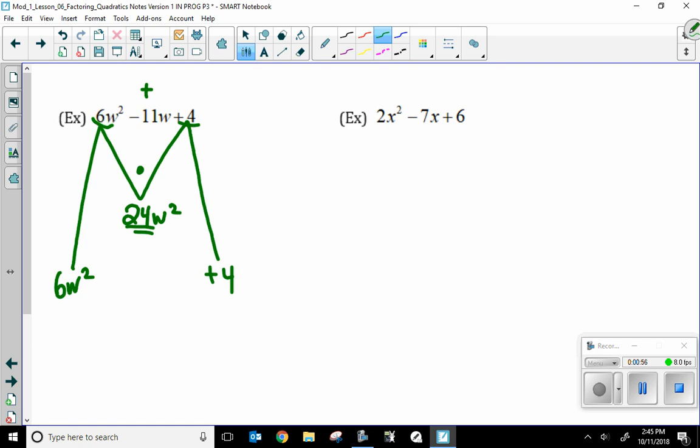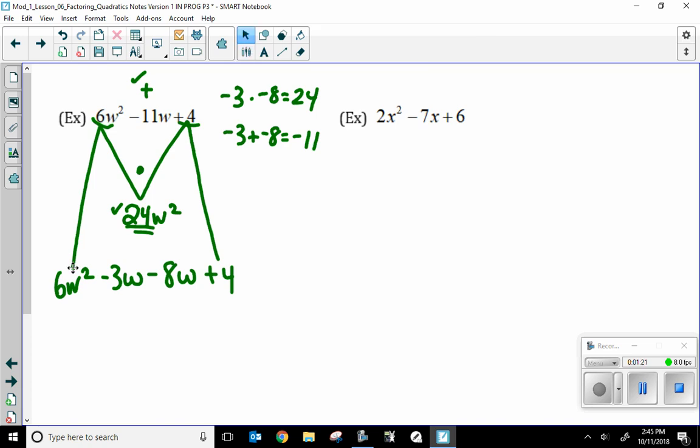And my answer for that is minus 3w minus 8w. Okay, so negative 3 times negative 8 is definitely 24, and negative 3 plus negative 8 is definitely negative 11. So it passes, it works for us. So we use minus 3 and minus 8.